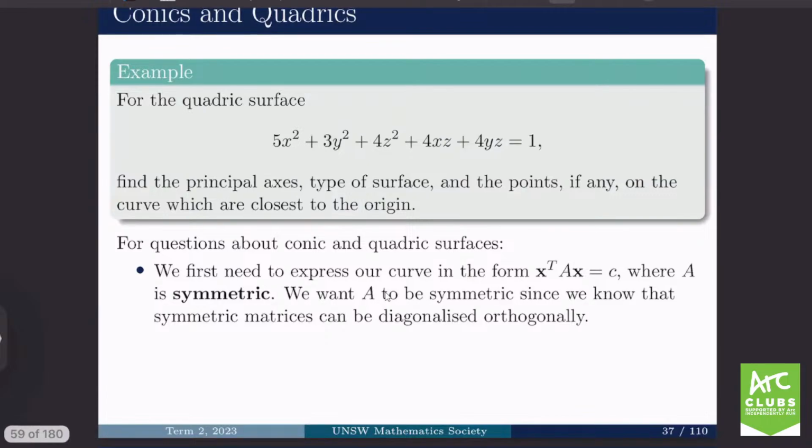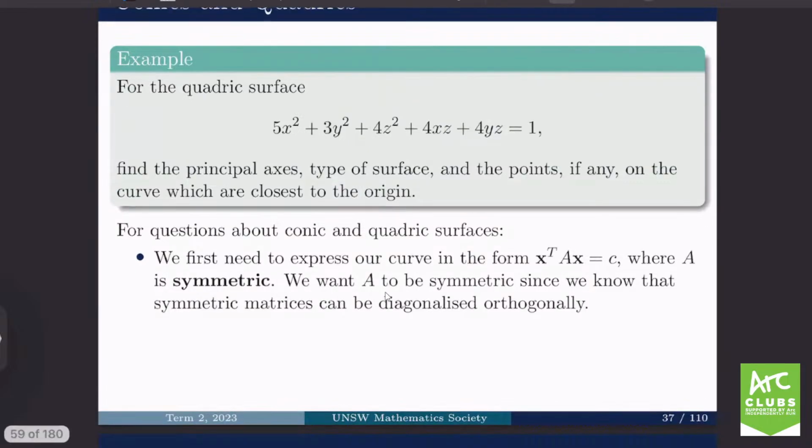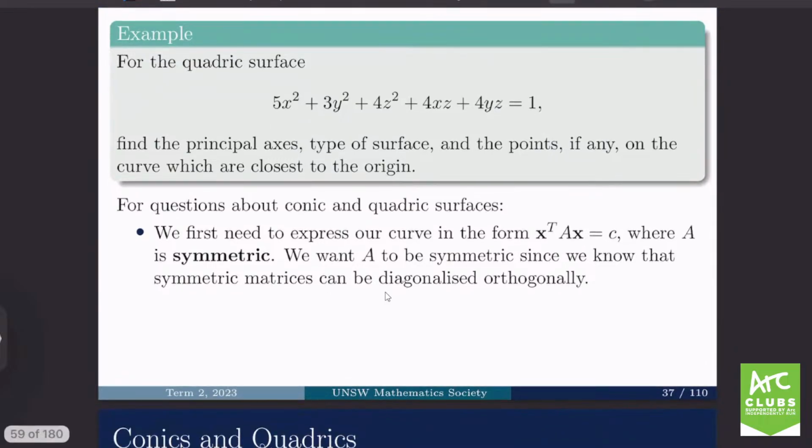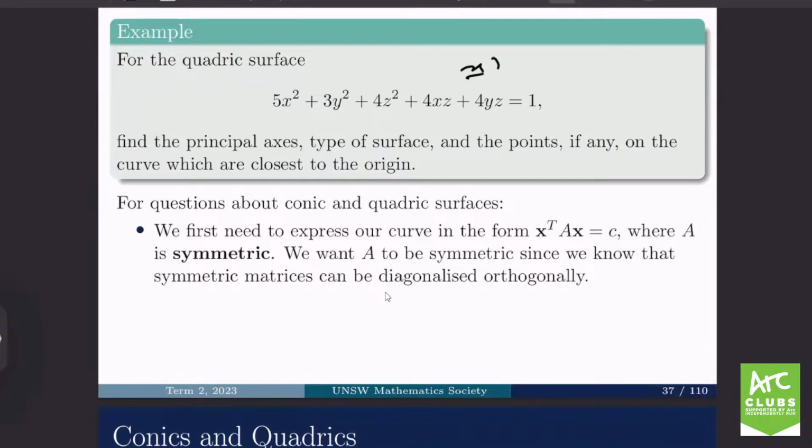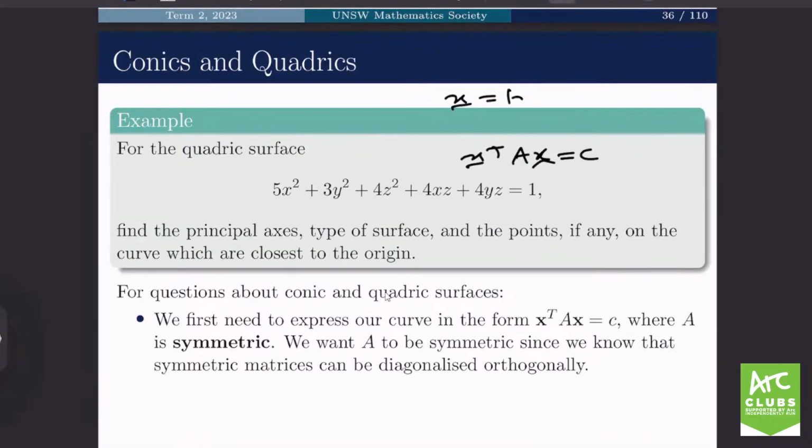Let's look at an example, and it'll help us see what's going on. Given this surface, find the principal axes, the type of surface, and the points, if any, on the curve which are closest to the origin. To do this, we'll always represent it in the form x transpose A x equals c, where x is (x, y, z) and A is symmetric.